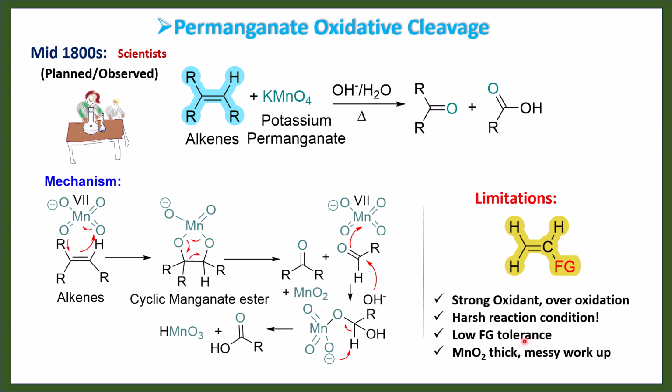Also, there is low functional group tolerance; if any functional group is attached to the alkene, that functional group can get damaged. And MnO2 is formed as a side product. This is thick in nature, so during workup of the reaction it could hamper your product yield. So the reaction workup is messy.